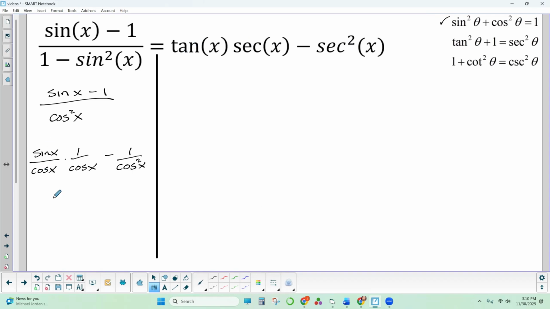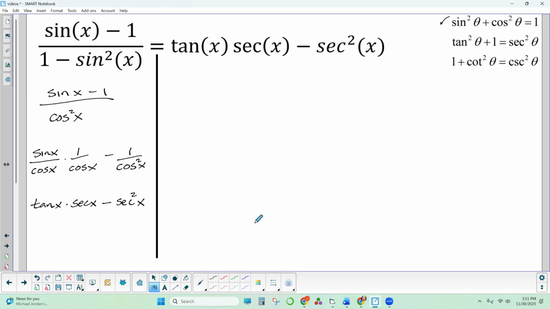Sine x over cosine x is simply tan x using the quotient ID. 1 over cosine is secant x using the reciprocal ID, minus 1 over cosine squared x is secant squared x using the reciprocal ID. And now I have proven the left equals the right.